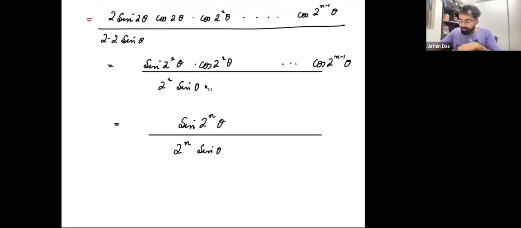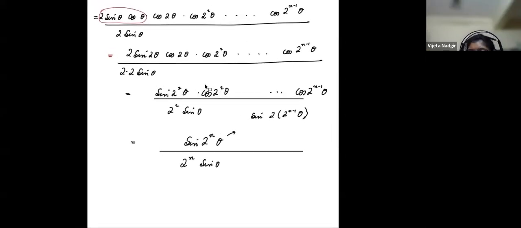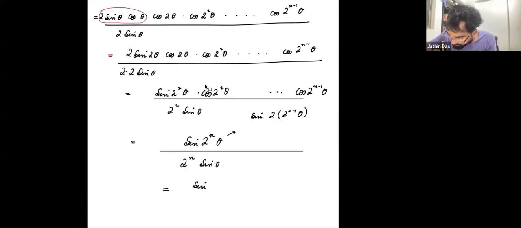How I'm giving the formulas in a different way. Can you think like this? You will understand the reason also basically. 2 into sine, 2 times the largest angle.